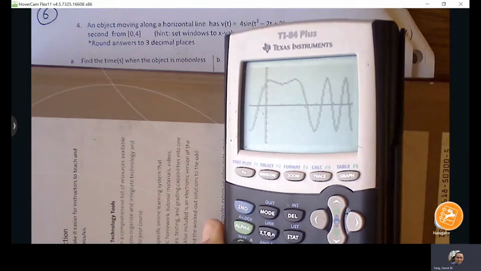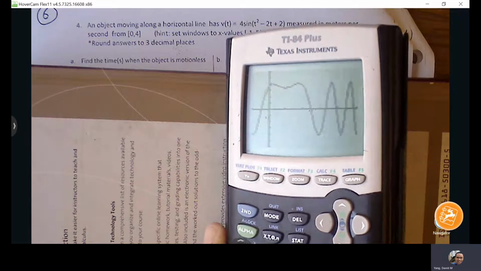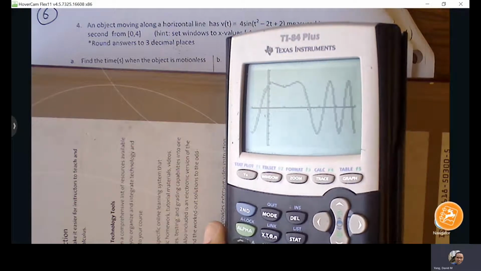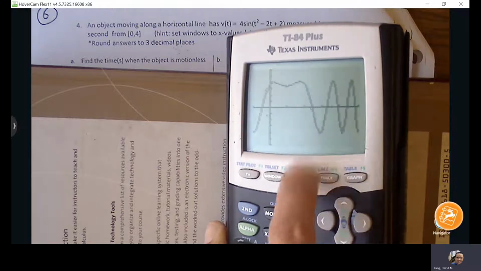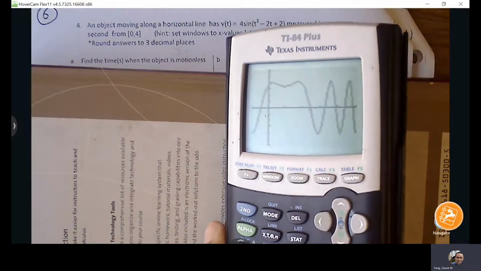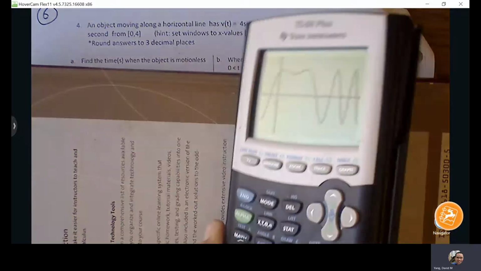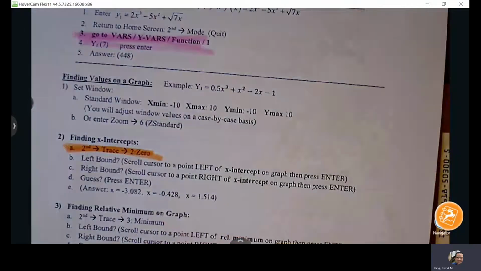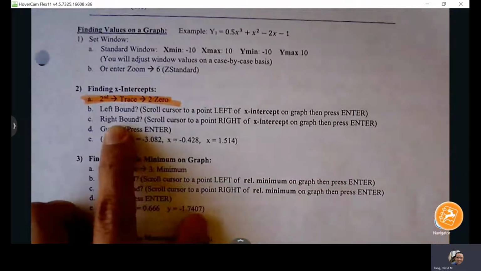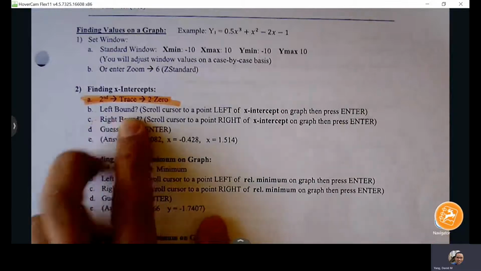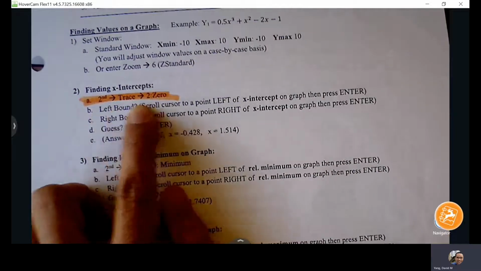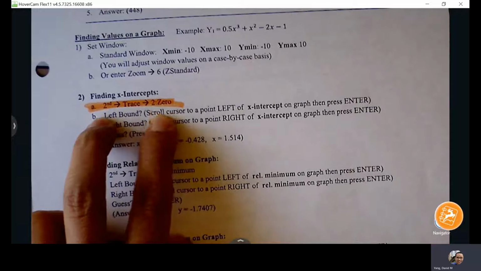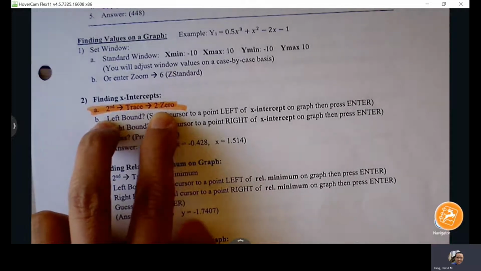Okay, hit graph. Now it says find when the object is motionless. So object is motionless is when velocity is what? 0. So we're looking for x-intercept. Okay. So on your calculator sheet, I have the steps here for x-intercept, and I'll go through the steps here, and then we can try it. You're going to go to second trace 0. Second trace 0 is going to help find you that x-intercept feature.